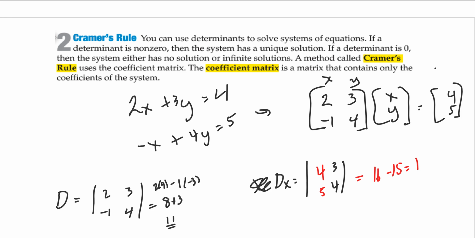Now we're going to do the same thing for dy. We're going to switch the y column with the answer column. So my y column is going to be 4, 5 now, and then down minus up, so 10 minus negative 4, so I get 14.